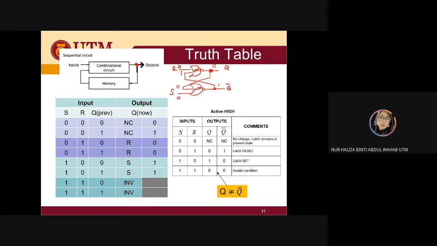So that's why you can see here, your output will be 0 for the Q. Here is your Q for now, the previous one, and now you're going to have also similar, which is 0.